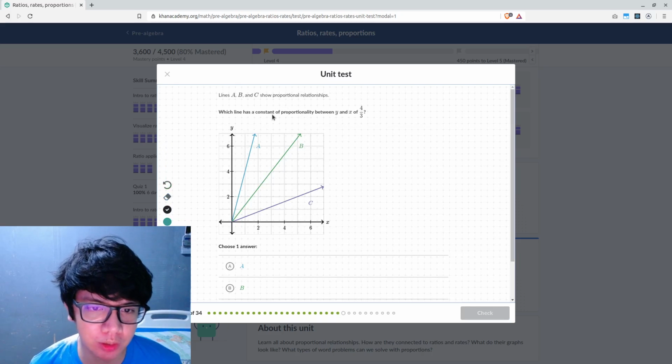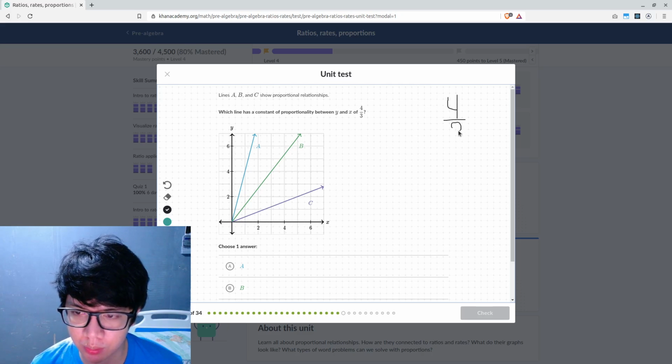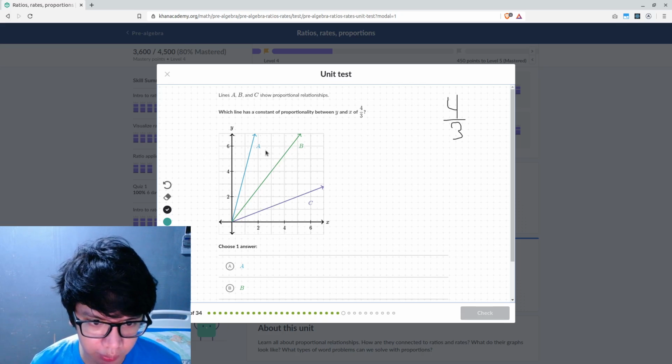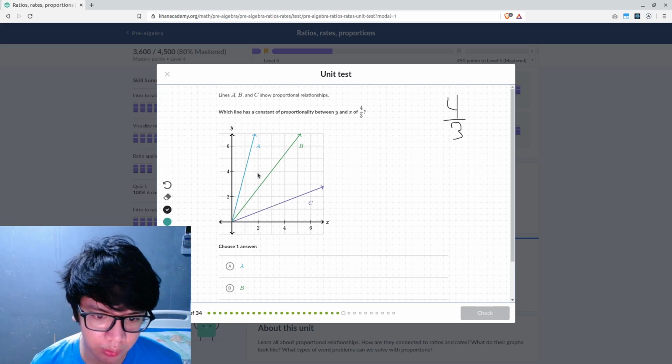Which line has a constant of proportionality between y and x of 4/3? So y is 4. Y is 4. Let's see, thirds.